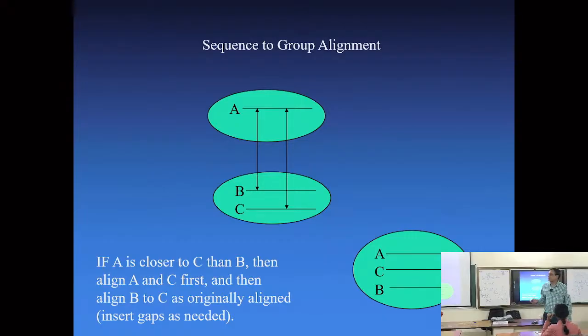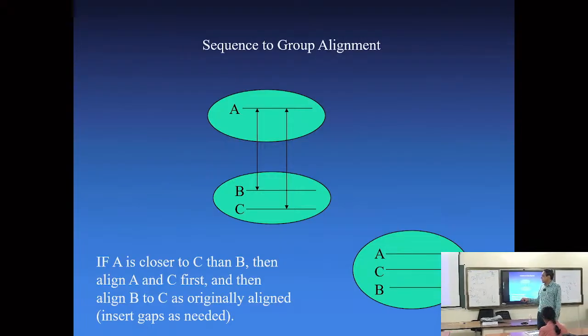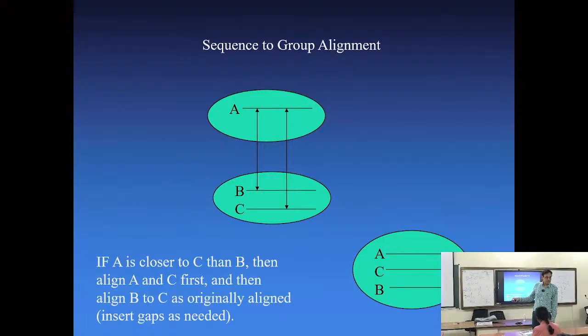Okay. So let's say that when you did this, the comparisons are A to B, A to C. Among these, let's say that A is closer to C than to B. Okay. So A is closer to C, so I will align A with C. So I already did it when I was comparing across the cluster. So A is closer to C, so I will have A aligned with C, and I know how B aligns with C, right?